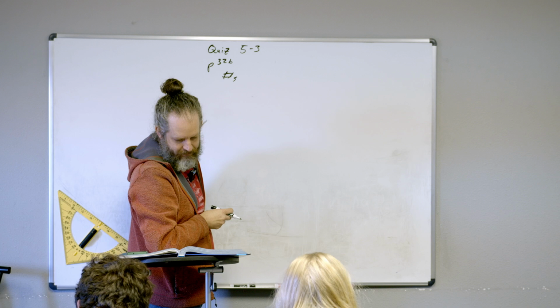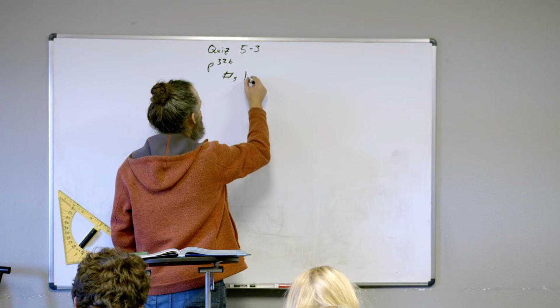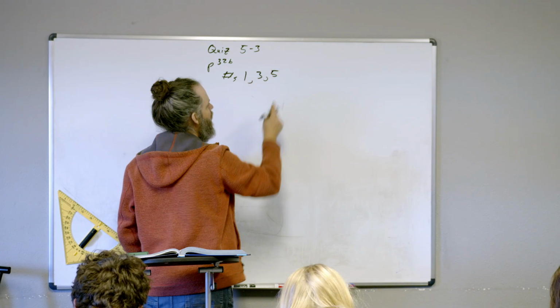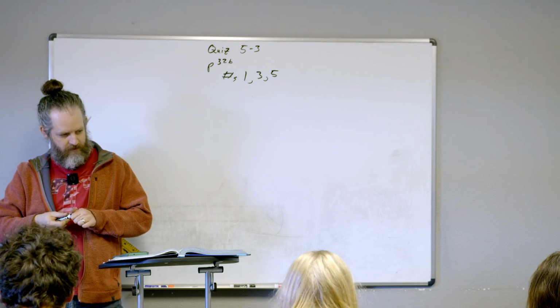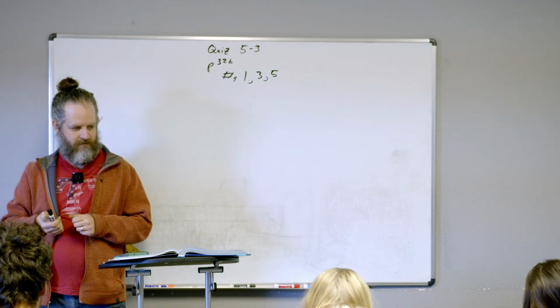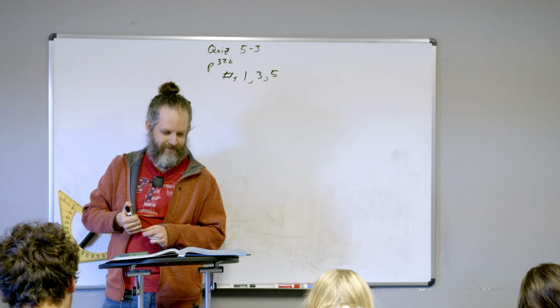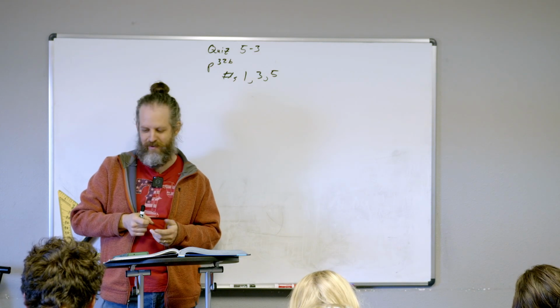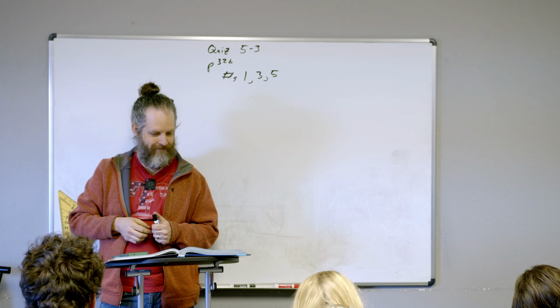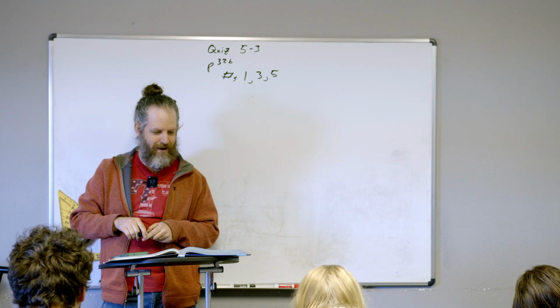That seems reasonable. Let's do it. 1, 3, and 5. No graph. Graphs are easy. So are the ones I gave you. Yeah, that's true. Even 5 is arguably easy. It's just a little bit more work than the others. 1 and 3, you can look at it and write the answer.